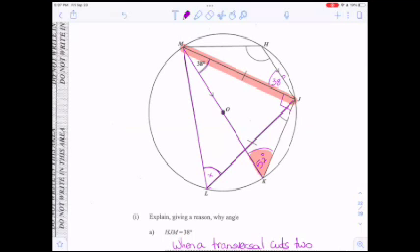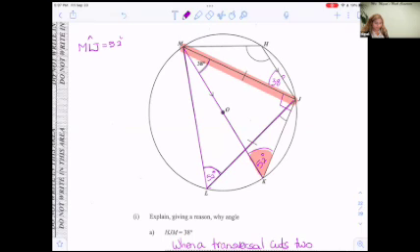That's 52 degrees. So the angle MLJ, let's write it. MLJ is 52, and the reason is angles on the same segment are equal.